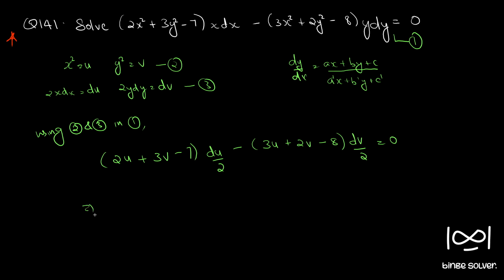So rearranging, we get dv/du = (2u + 3v − 7)/(3u + 2v − 8). So now this equation has transformed into the one that is familiar to us. So we can reduce this to a homogeneous equation using proper substitution.